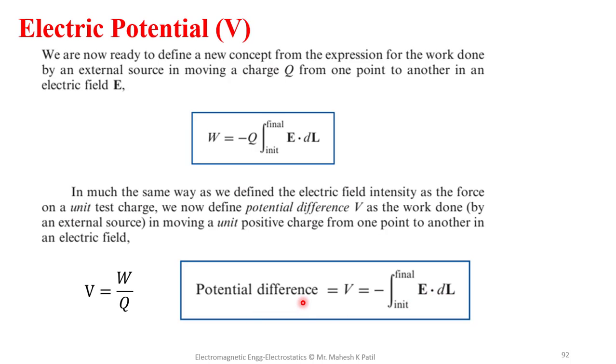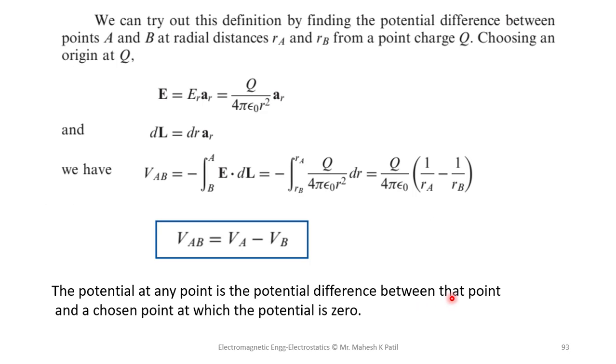Actually this is the potential difference equation. Why? Because we are writing here initial point and final point. Potential and potential difference are different. So these are two separate terms, potential and potential difference. So V is equal to minus integration of E bar dot dl bar.